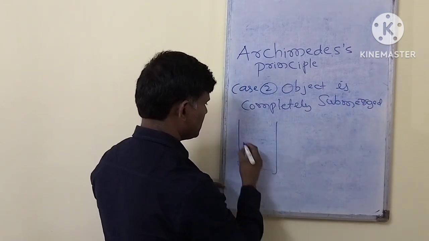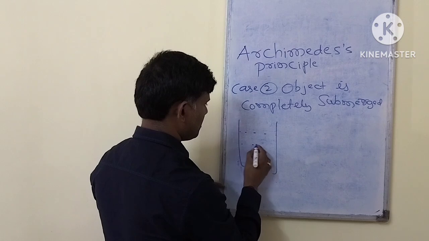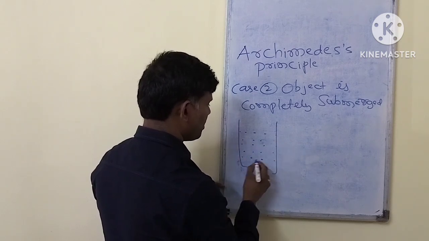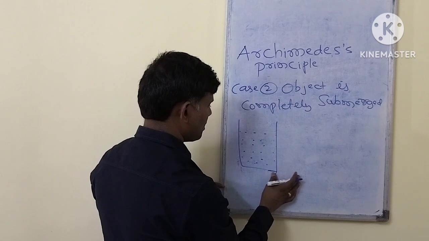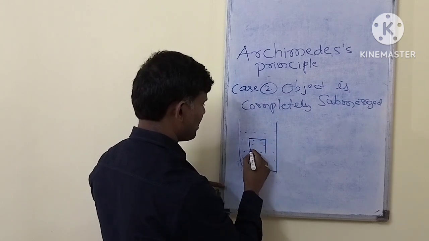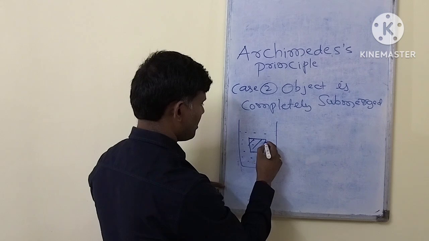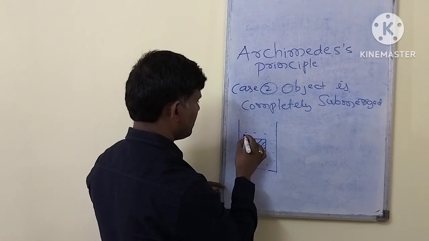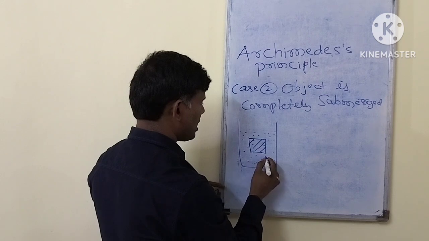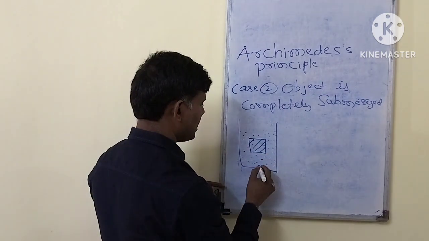Take the fluid. This is the fluid. Now the object is inside the fluid. Object is here. Above the object fluid is there. Below the object fluid is there.